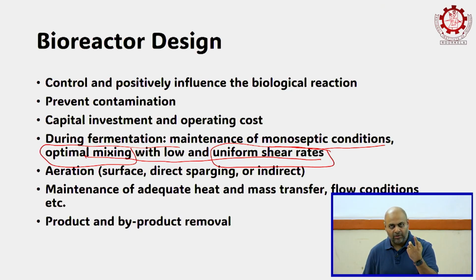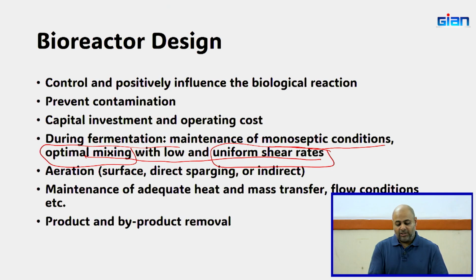Uniform shear rate, if you are able to identify the optimum shear rate or the rotational speed of the impeller, the mixing would be ideal. You're not going to break your cells. If you make your impeller run fast, you might break your cells. That will lead to cell lysis.